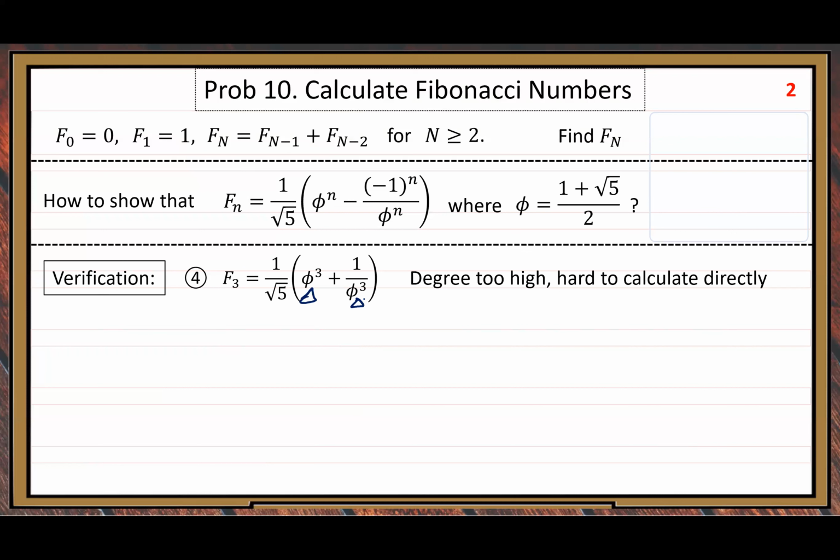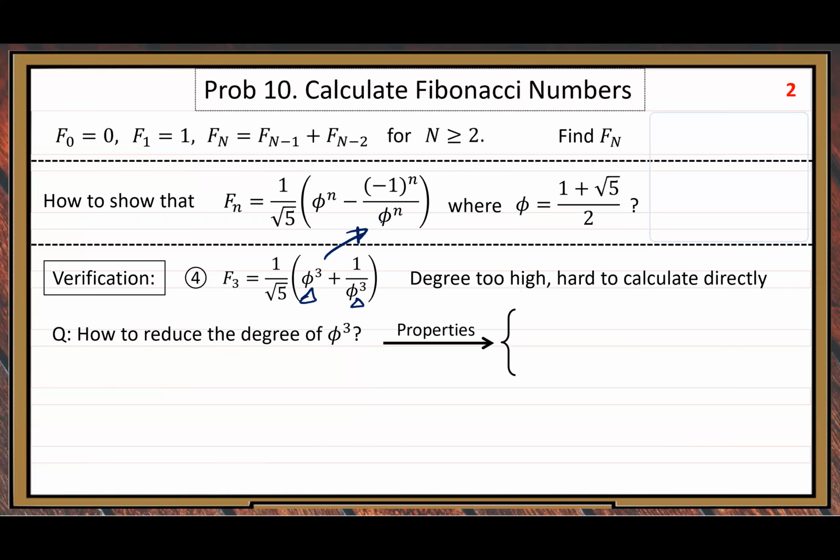So the question, the idea, is how to make it simpler. There is a straightforward idea. We want to bring down the degree. Can we do something to make the degree lower? That's the place we need to apply certain properties of the golden ratio.